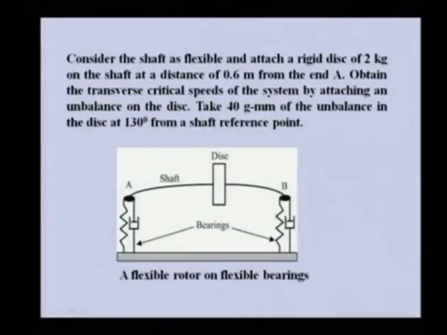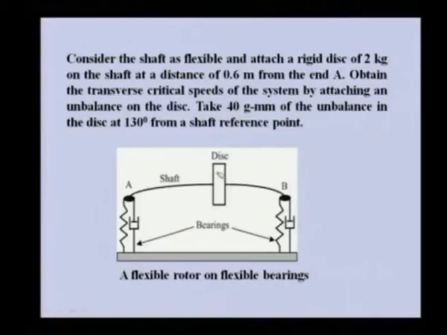So our model is like this, in which not only the flexibility of the bearing is there, but also the flexibility of the shaft. Now we want the unbalanced response of this.